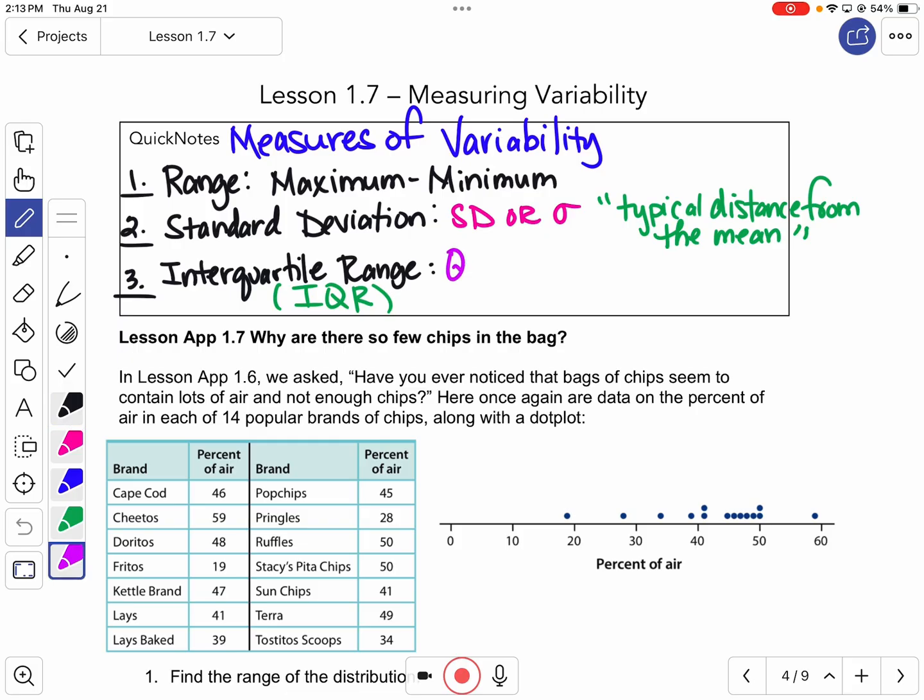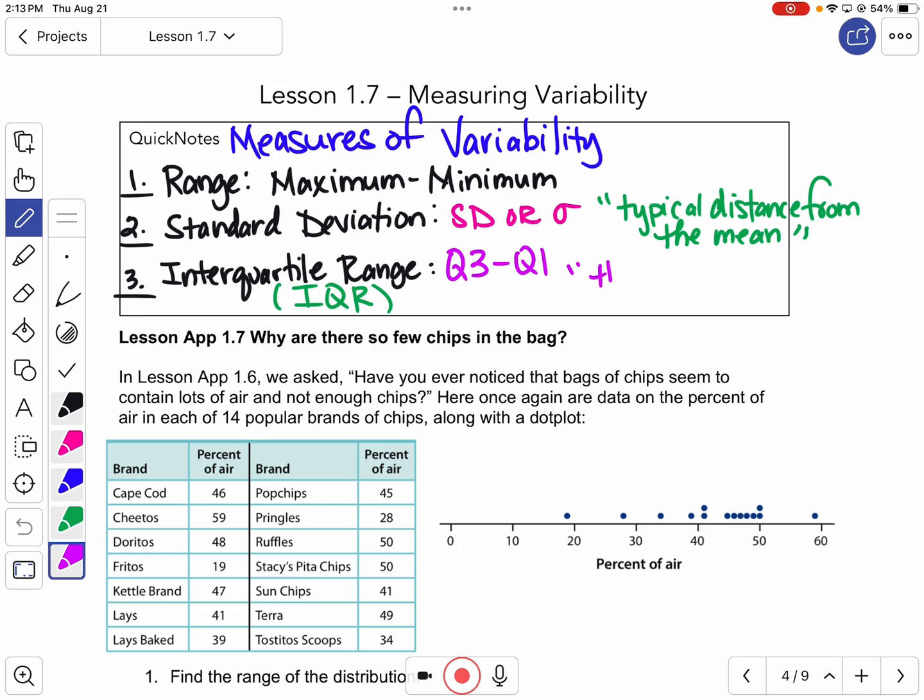We will take quartile 3 minus quartile 1. So out of our summary statistic, Q3 minus Q1. Okay, this is how we interpret it. That represents the middle half of the data, okay? Between those two numbers is half the data.